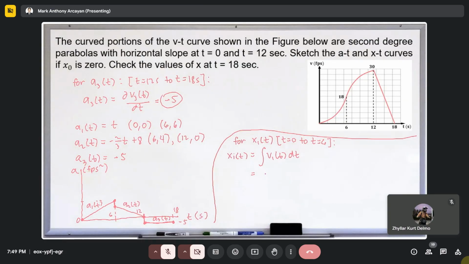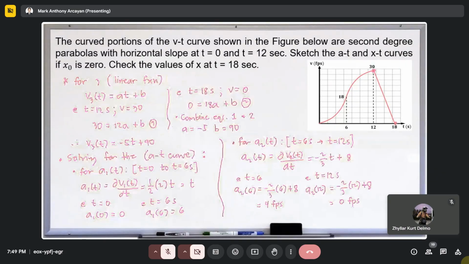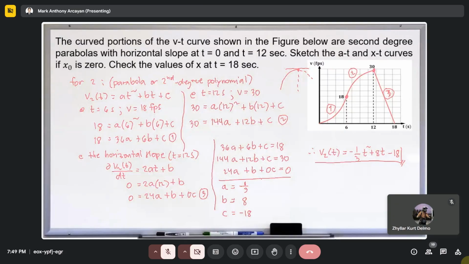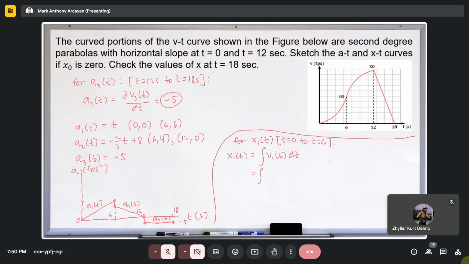Okay, we integrate the first velocity function. That's 1/2 t squared dt. Integrating this will become 1 over 6 t cubed, because we add one to the exponent by the power rule.